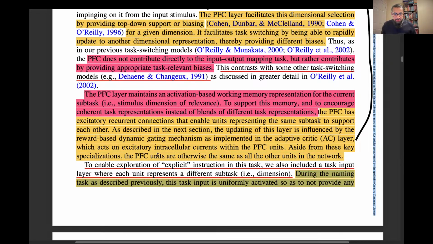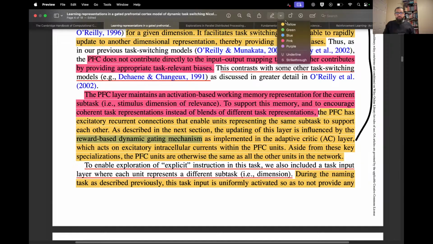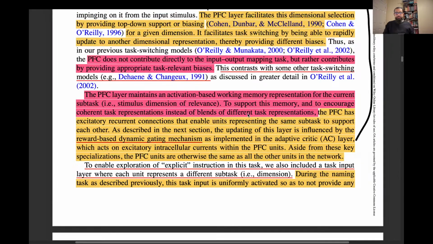Aside from these key specializations, the PFC units are otherwise the same as all other units. So where are we going? This is a reward-based dynamic gating mechanism. So this is the reward. Reward, as we know, is extremely important when it comes to the cognitive neuroscience of decision making.